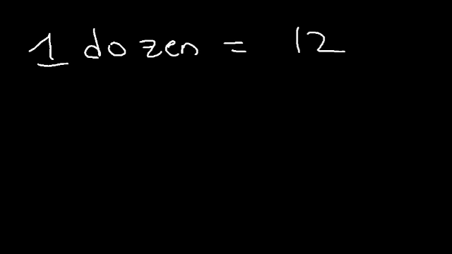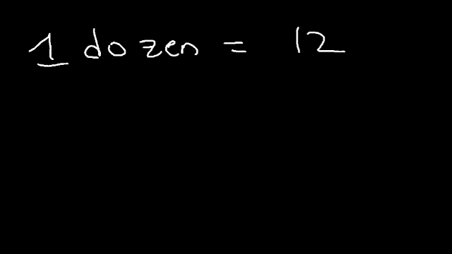Now what about moles? What is a mole? The best way to understand what a mole is is to compare it with a dozen. A dozen is simply a quantity. A dozen represents 12. A dozen eggs is 12 eggs. A dozen calculators, 12 calculators.